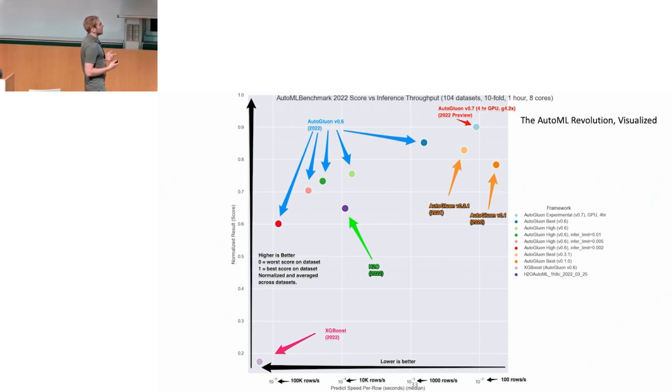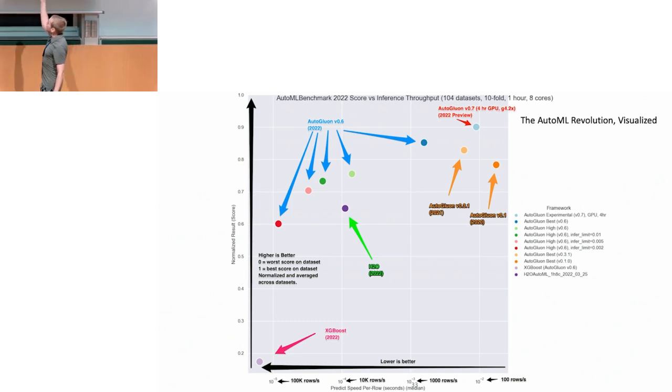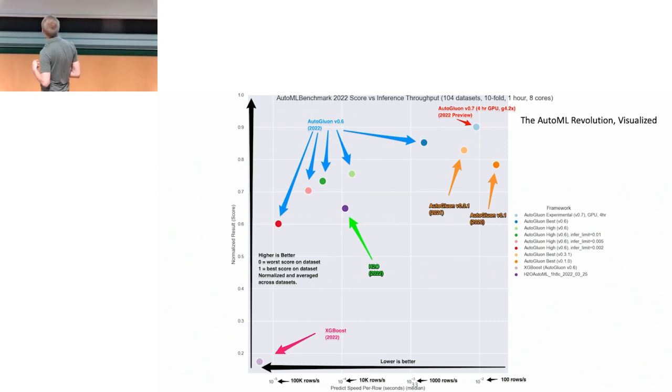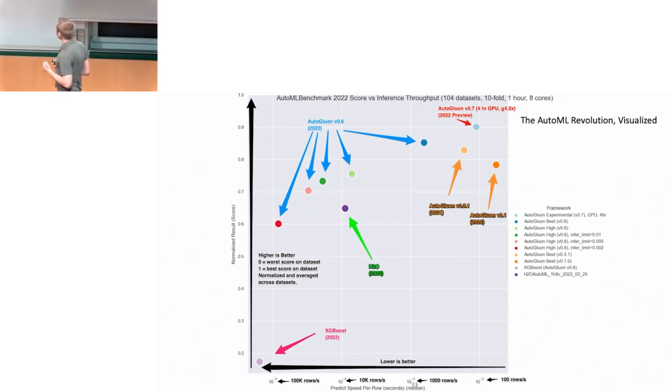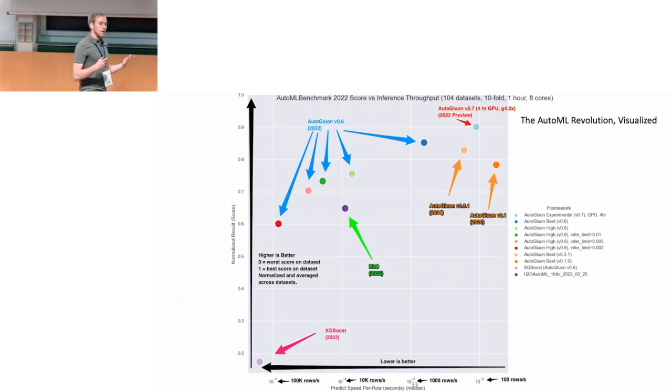With the infer limit setting of AutoGluon, you can dynamically change how fast inference has to be, trading off inference speed and accuracy with a single hyperparameter. We can see that as time goes on, we're improving both AutoGluon's accuracy and its inference speed. And we're able to get quite fast inference speed, such that we can match the inference speed of, say, an XGBoost model, but with a lot of performance improvement.